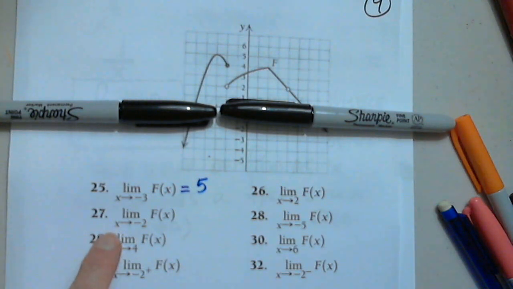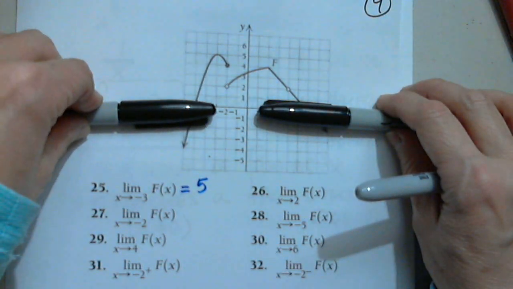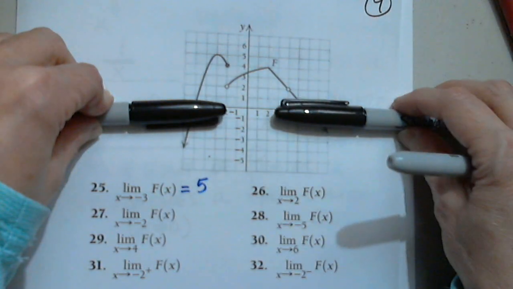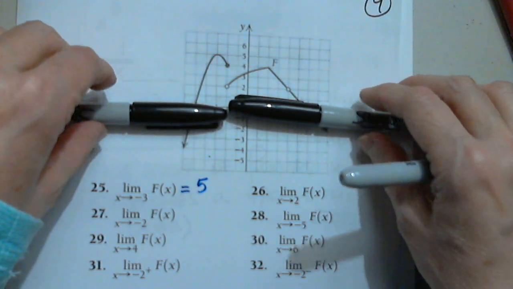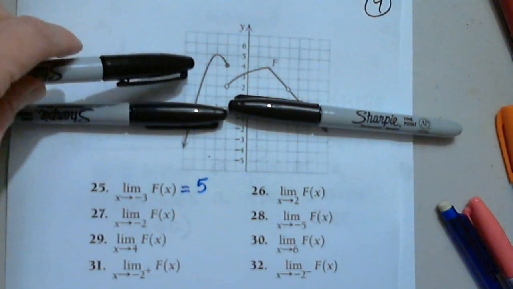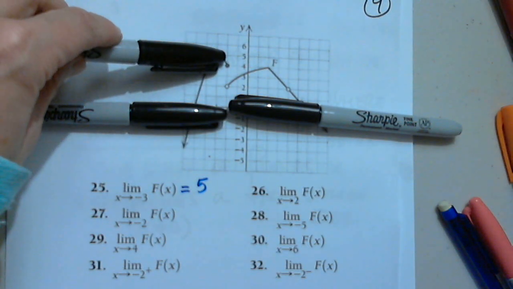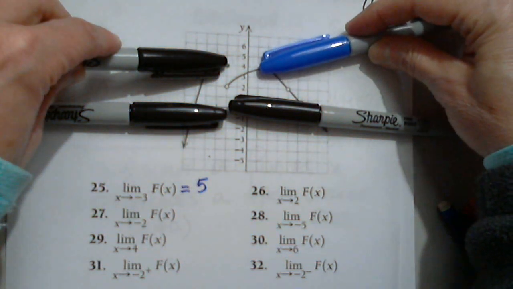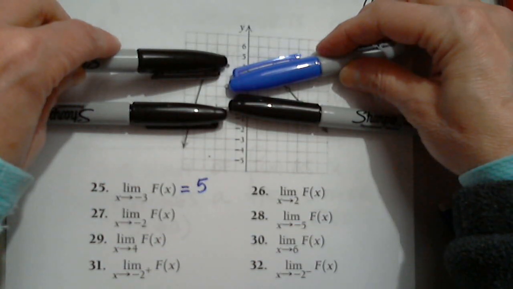Okay. x approaches -2. Moving on. As x approaches -2 from this side, and at the same time as x approaches -2 from this side, see carefully what happens. This side gets closer and closer here, and this side gets closer and closer here. What will you say?